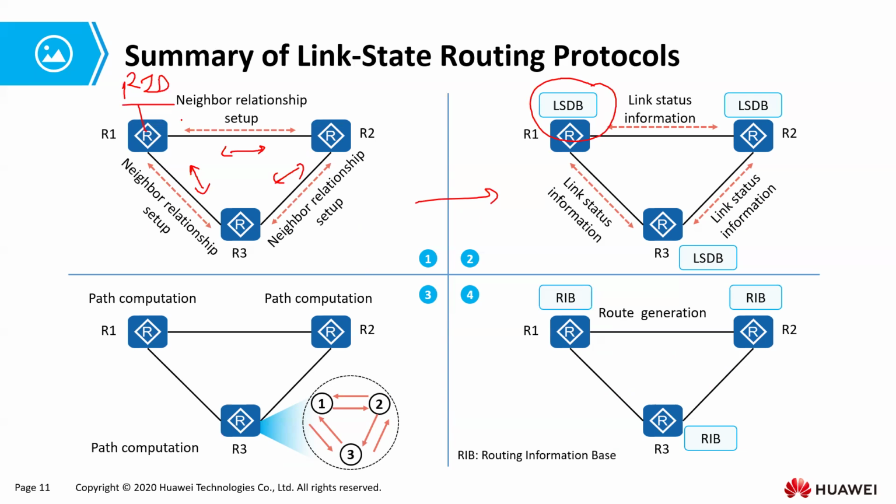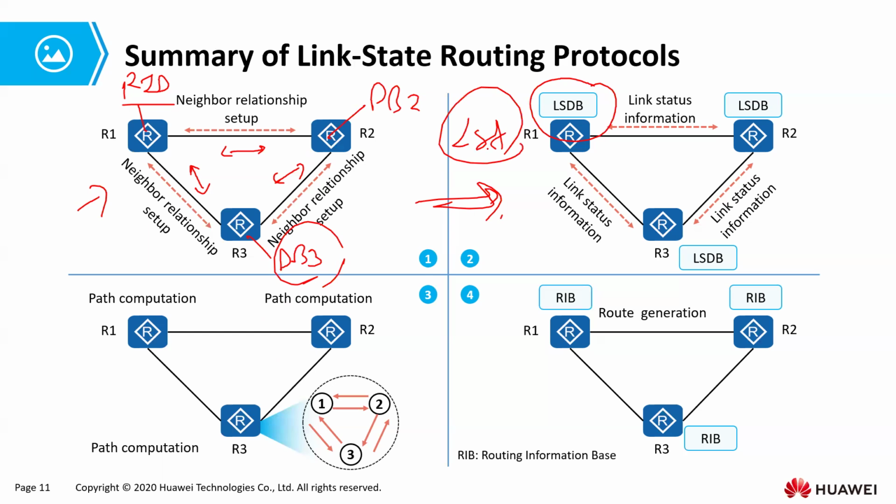Because once they know each other at this step, each has its own database, but at times my databases are different. When we get to this step, if the databases are different, they will need to be synchronized so that they all are the same. How it is done: my LSAs are flooded.